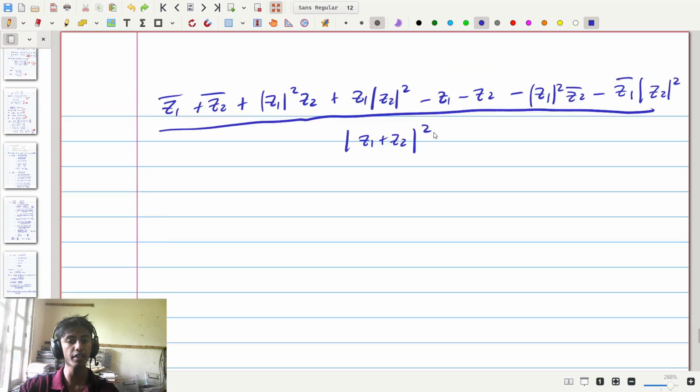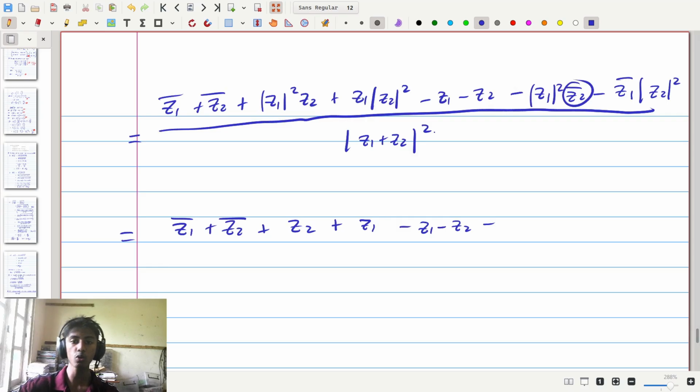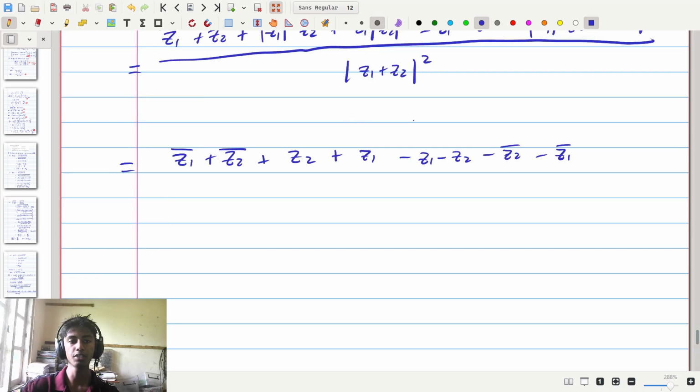So therefore, if we simplify, we get Z1 conjugate plus Z2 conjugate plus 1 times Z2, which is Z2, plus 1 times Z1, which is Z1, minus Z1 minus Z2 minus 1 times Z2 conjugate, so minus Z2 conjugate, minus Z1 times 1, which is minus Z1 conjugate. Now all of that is divided by the value Z1 plus Z2 modulus squared.